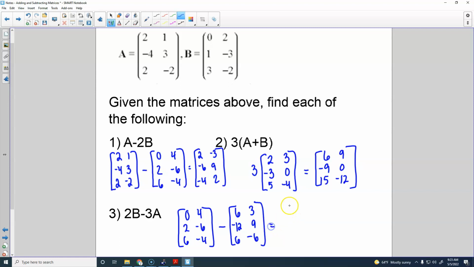And then you'll just subtract those two, so you get negative 6, 1, 10, negative 15, 0, and 2. There, I believe.